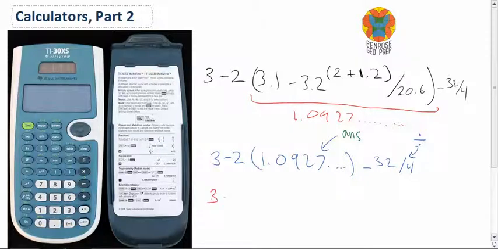3 minus 2. And then the next thing we're going to type, this is answer, remember? Because that's the last computation we did, which was about 1.0927, something like that. So this just means take answer and multiply it by 2.